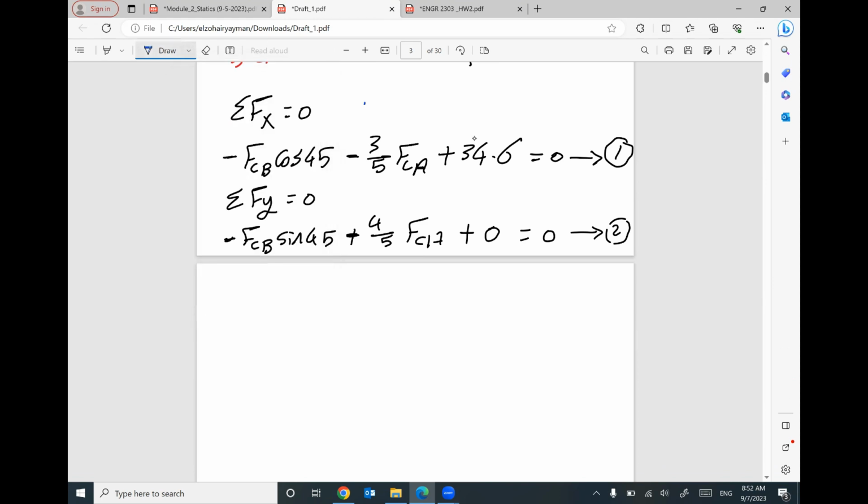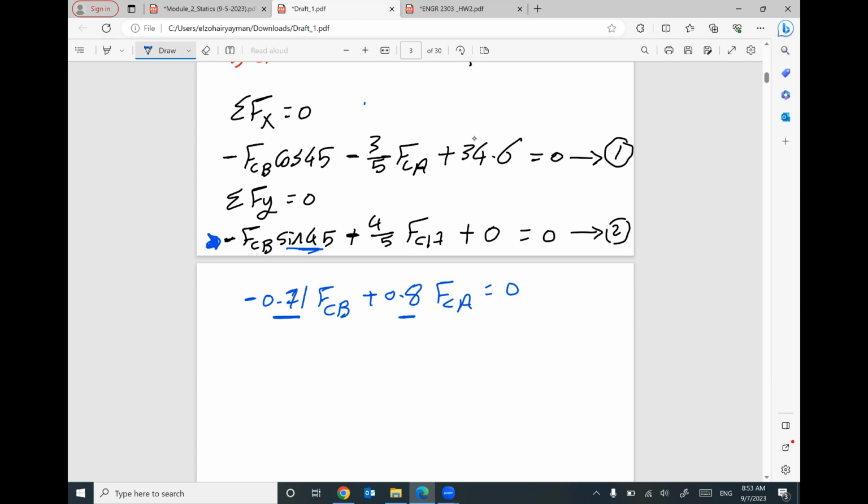For me, I will start with equation number 2. I can say negative 0.71 FCB plus 0.8 FCA equals 0. Just sine 45 degree equals 0.71, and 4/5 equals 0.8.